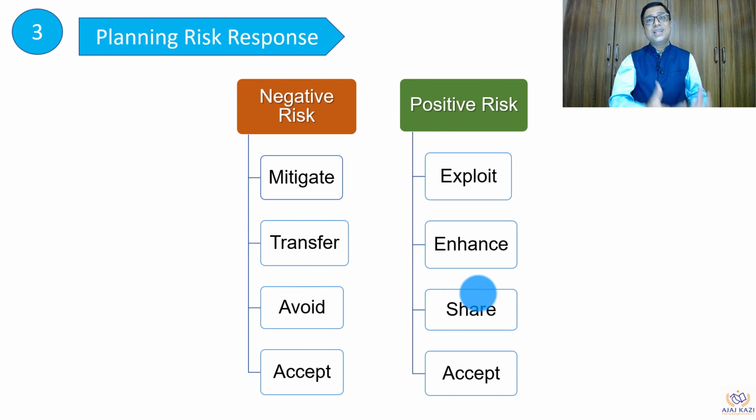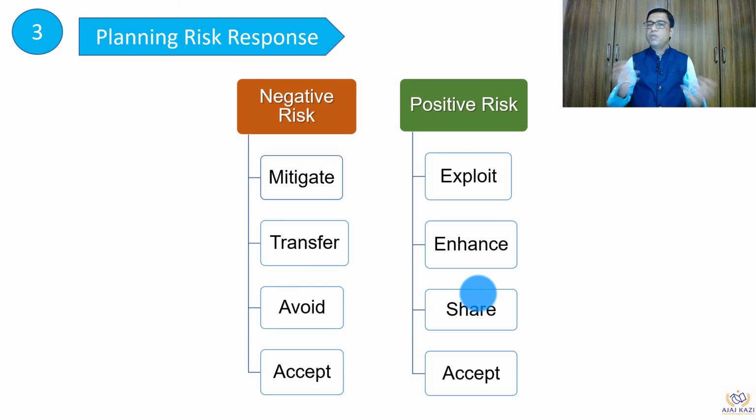Next is insurance. Take an insurance. If something happens, you will be able to transfer this to the insurance company. Next is avoid. If you know it is going to happen, then you try to avoid it by taking some other route or completely not taking the decision of going ahead. Second is acceptance and plan a contingency for it, right?